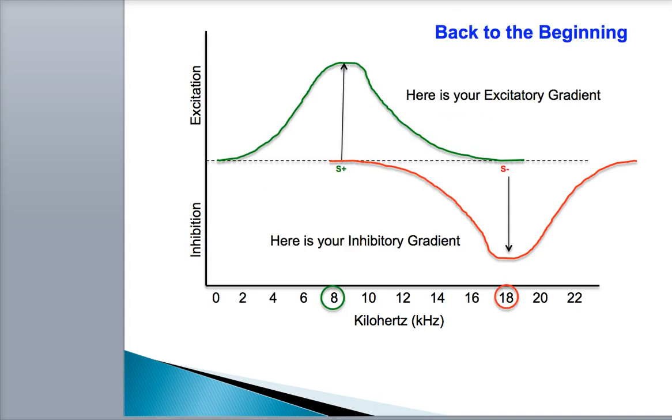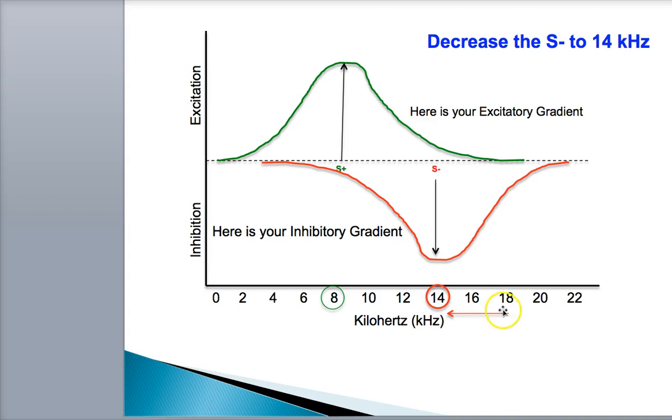Now, let's go back to the beginning. Again, here's our S plus at 8 kilohertz. Here's our S minus at 18 kilohertz. And what I'm going to do is move my S minus closer to the S plus. So I've now shifted from 18 kilohertz. My S minus is now at 14 kilohertz. So the peak is now above the S minus at 14 kilohertz.